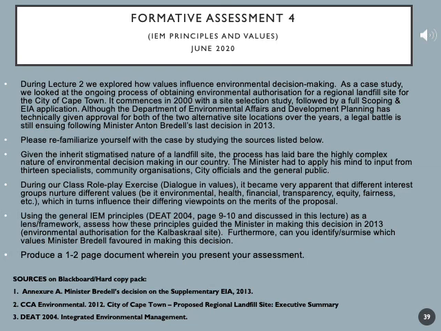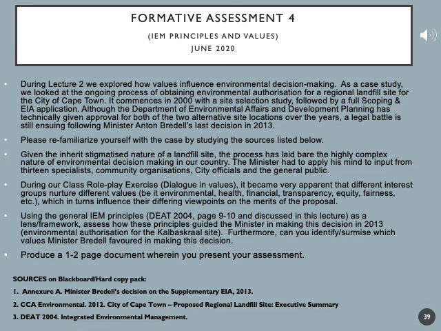So what I'm asking you now is to have a look at the reasons given by Minister Bredell, the Western Cape Government Minister of Environmental Affairs and Development Planning, DEADP, which is attached and available on Blackboard, where he gives a detailed account of how he arrived at his decision.